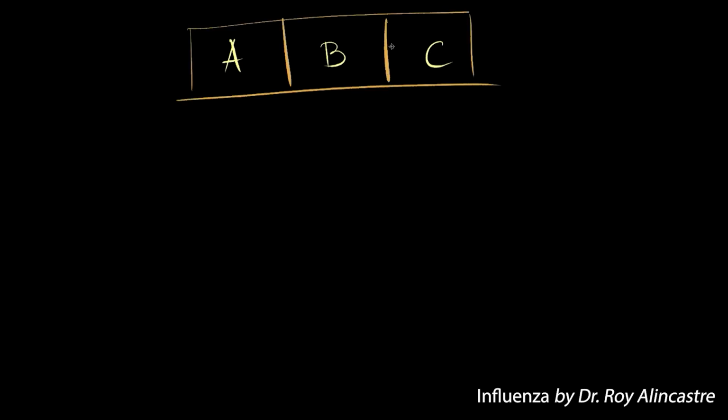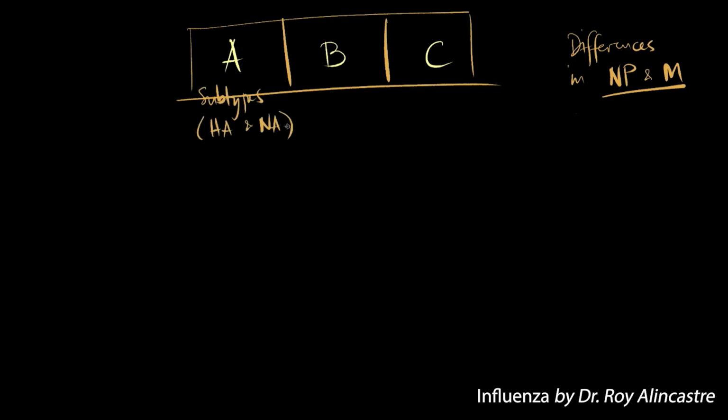Now, how do we distinguish between the different types of influenza viruses, type A, type B, or type C? Is it by the hemagglutinin and neuraminidase proteins? Actually, no. It's based on the antigenic differences exhibited by two of the internal structural proteins, the nucleoprotein and the matrix proteins, not H or N. The differences between the H and N are used to subtype the type A viruses.